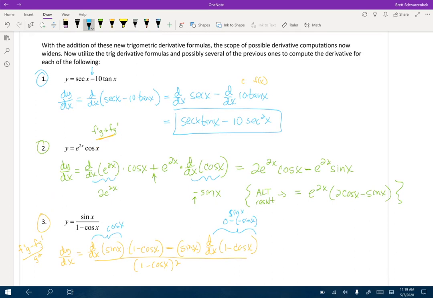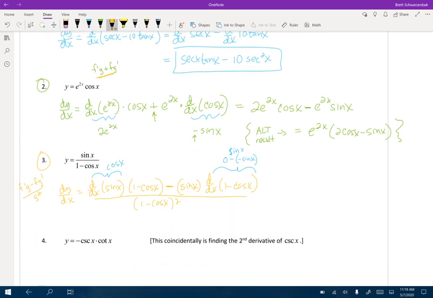All right. So if we write this out, what does that look like? It's going to be cosine times 1 minus cosine, minus sine times sine, all over 1 minus cosine x squared. So you could have combined these if you wanted to into sine squared.